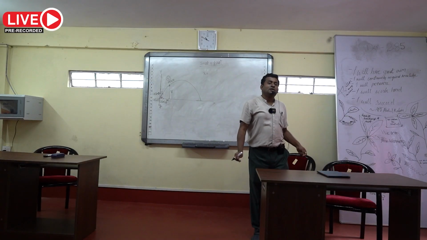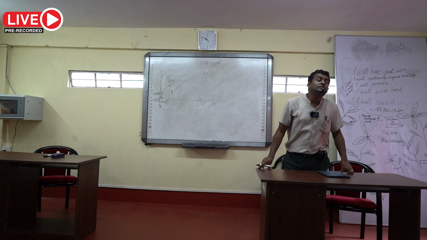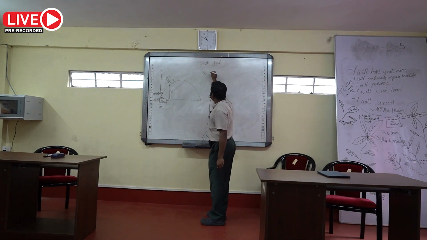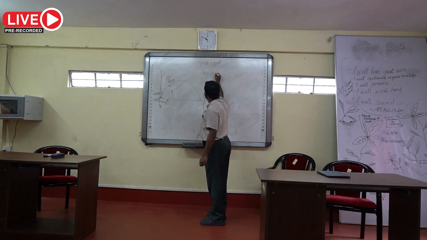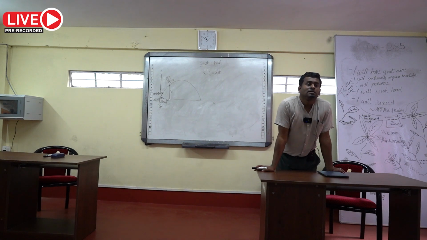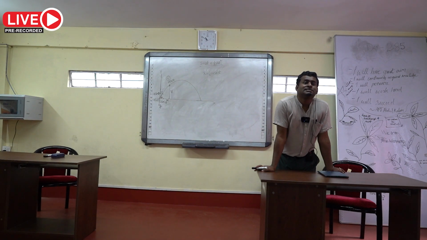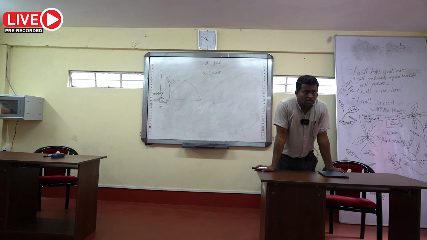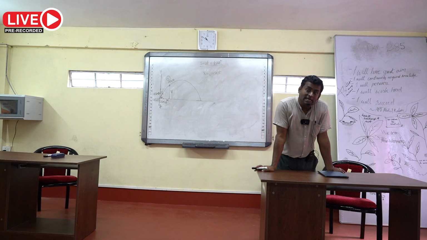What is the horizontal component of velocity? u cos theta. So in place of u, you will write u cos theta, multiplied by t. What is the acceleration in x direction? Nothing. g is in the y direction, downward. So g has no effect on the horizontal motion.